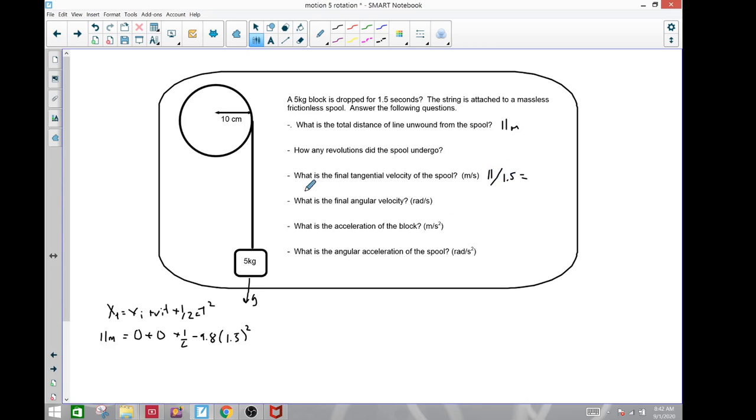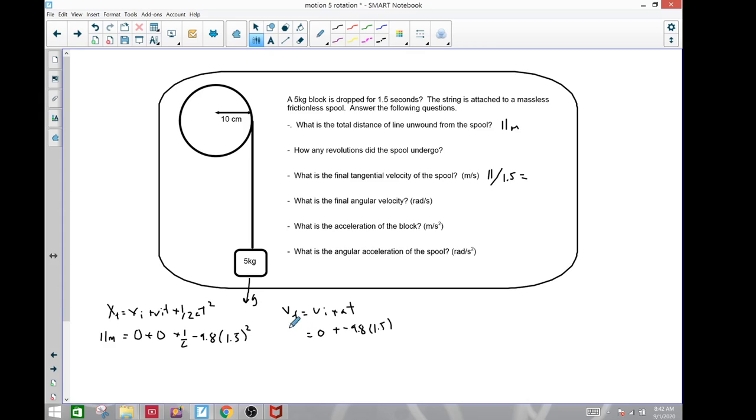So let's take a moment and solve for my final velocity. It's going to be V_f equals V_i plus a t. Start at 0 plus negative 9.8 times 1.5 seconds. And this is going to give me my final velocity at the end.